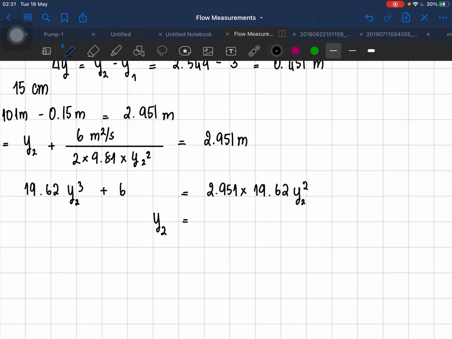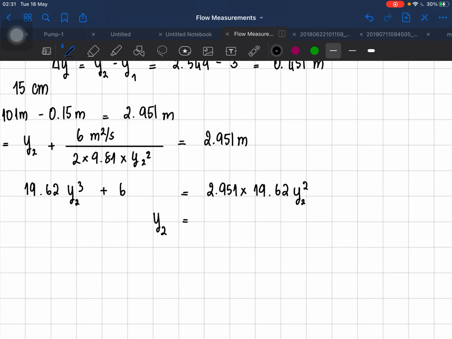Okay, so please give me some time to calculate this one. 19.62. For B is 2.951 times 19.62. C is as before and D is minus 6 as normal.